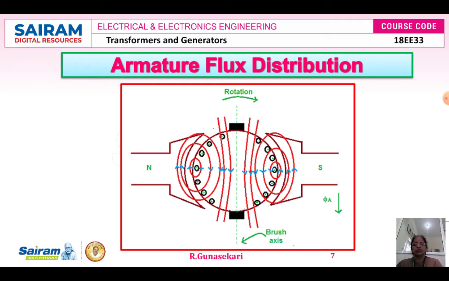Now you see the circuit diagram. The circuit diagram represents the armature flux distribution. This is also a two pole DC generator, north pole and south pole. In the northern side all are plus, the current direction, then on the southern side the dot mark.